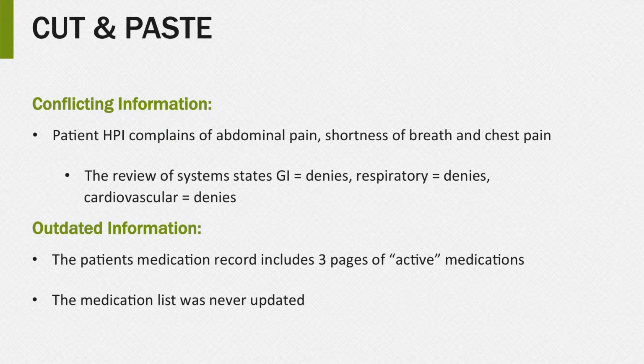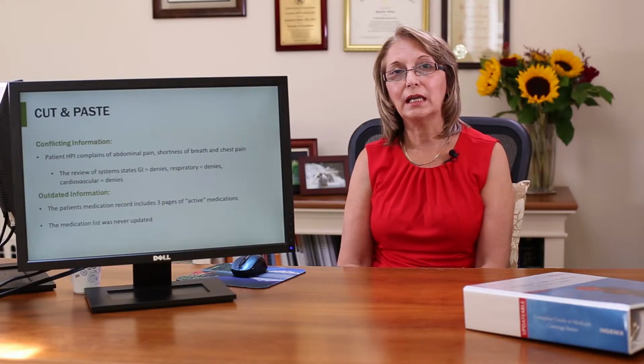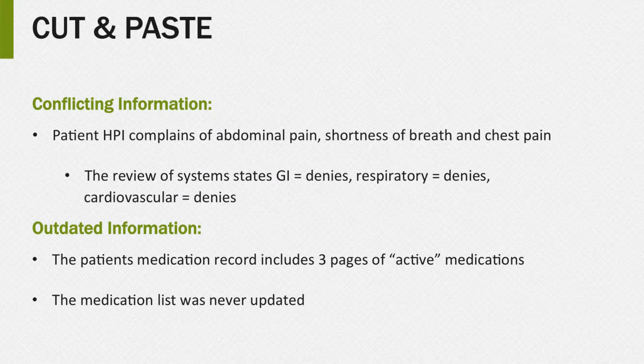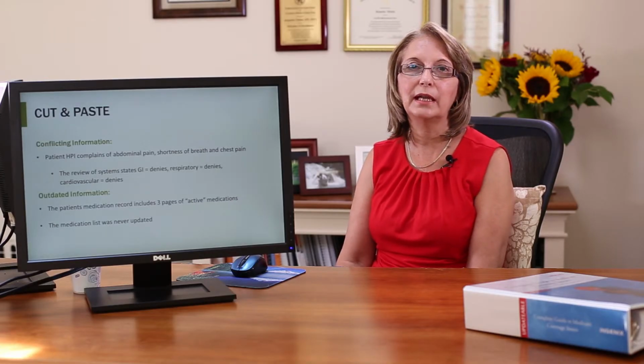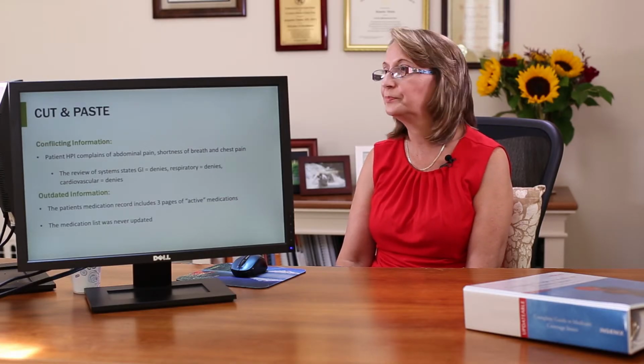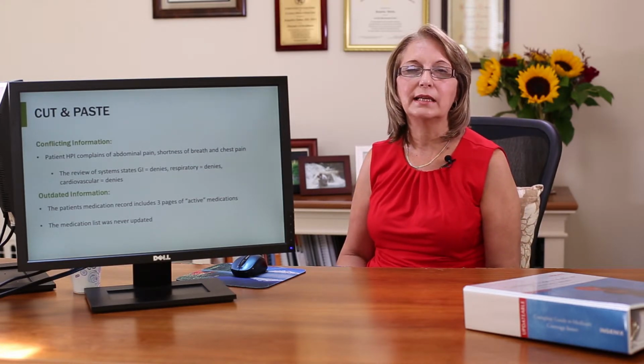Cutting and pasting can also lead to requests for overpayments. And there are a number of issues we have when we see cutting and pasting. It usually ends up with conflicting information within the note itself. For example, the patient could come in complaining of shortness of breath, chest pain, abdominal pain, and we see this listed in the history of the presenting illness.